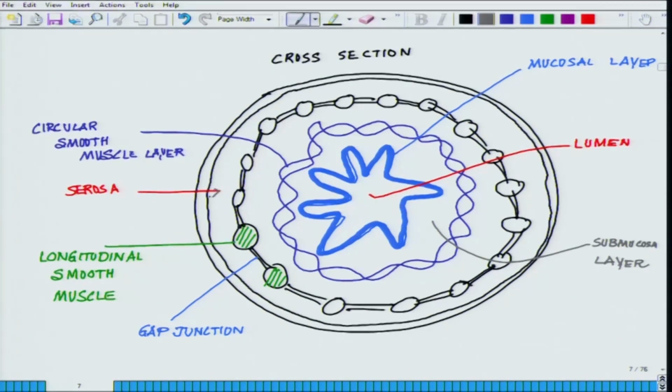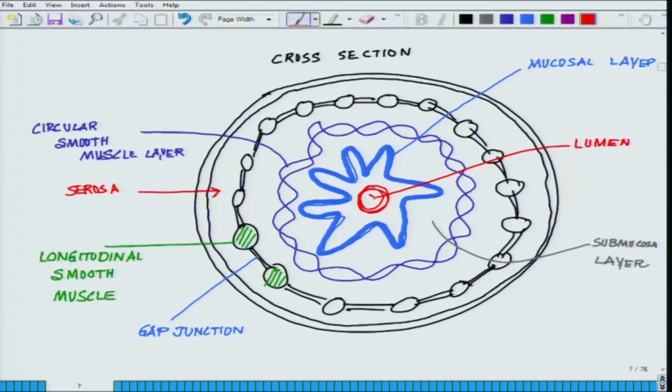Then you have the longitudinal smooth muscle layer, which is the next layer, and it has gap junctions in it. Then you have the circular smooth muscle layer, and then you have the mucosal layer, and of course, in the center, the lumen through which the bolus passes.